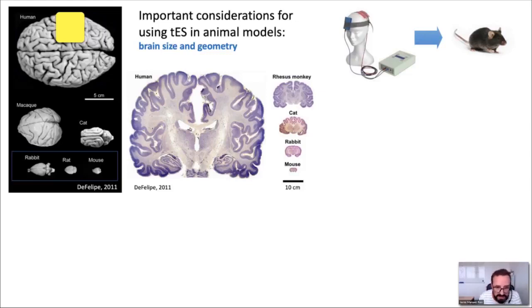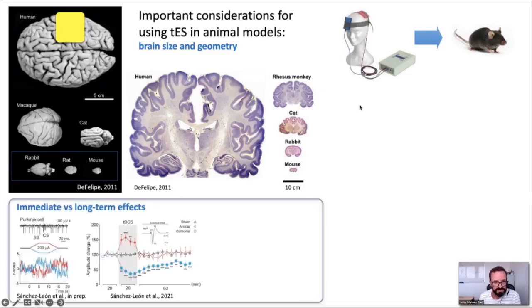So in some aspects, we are going to obtain a simplified result from tDCS. This is good because we can try to validate different models in this simple cortical geometry. But that also means that we need to take care when we want to translate to human tDCS.